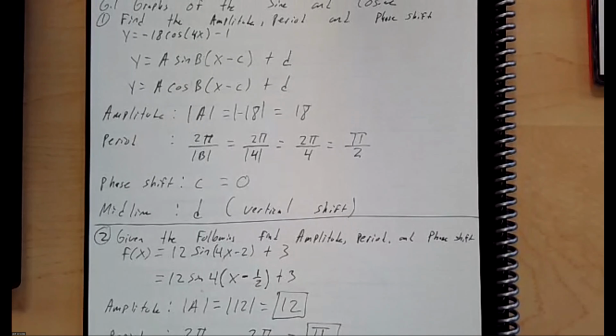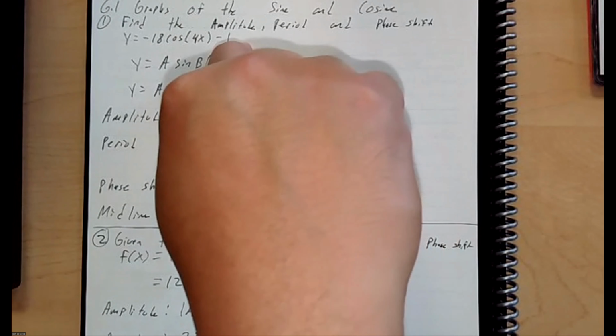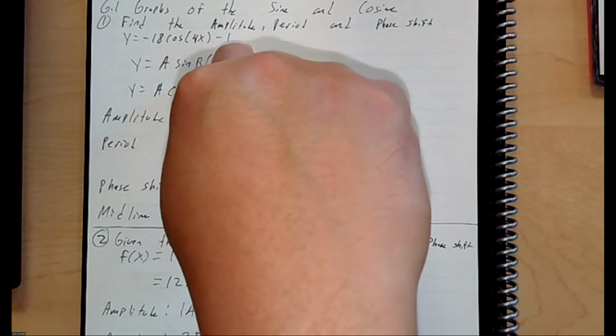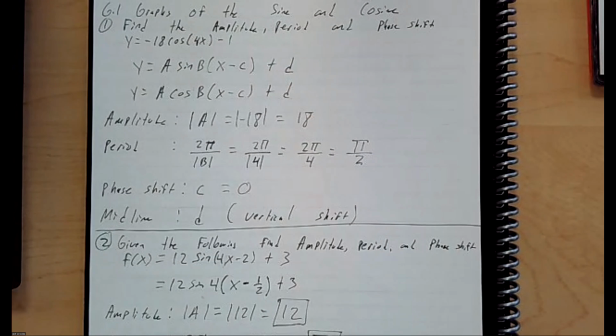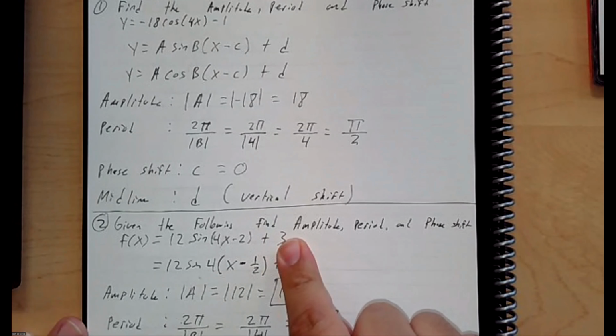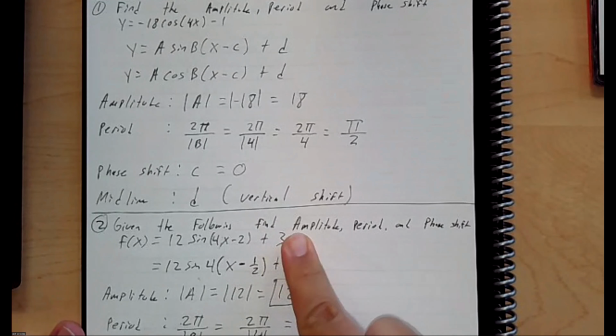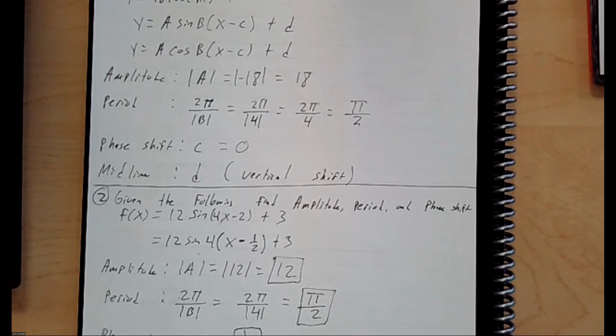Oh, you got 0. Yeah, because there's no C. Look at it. There's no C inside. There's a -1 out there, but we didn't talk about midlines or vertical shift. This would be shifting it down 1. This would be shifting it up 3. So if they would have asked for a midline, you'd say y equals 3. So you just write down y equals -1 for this one.